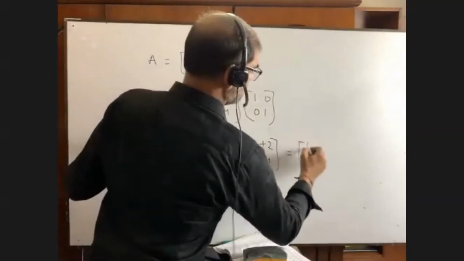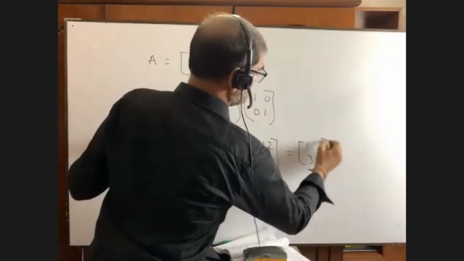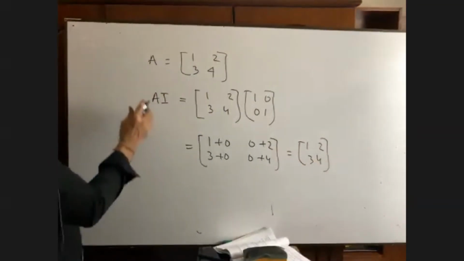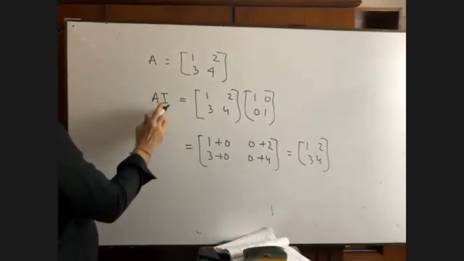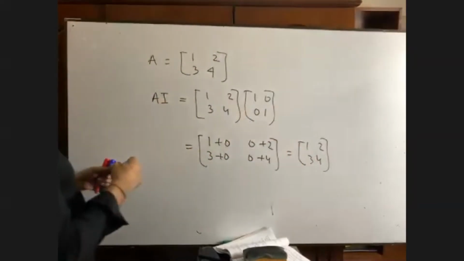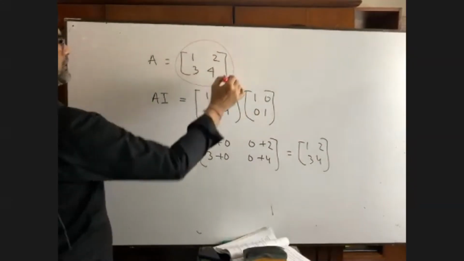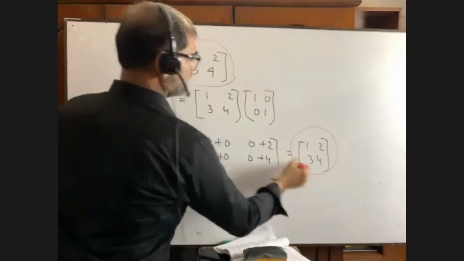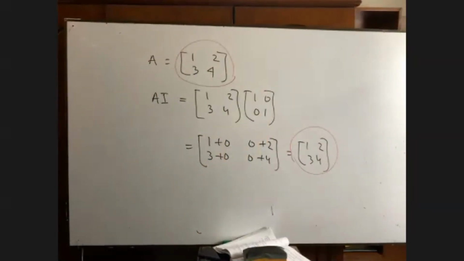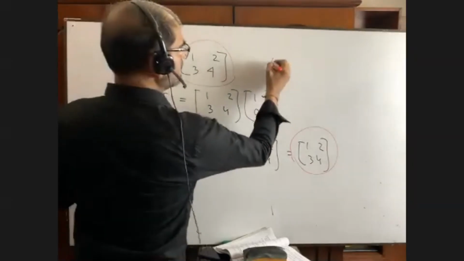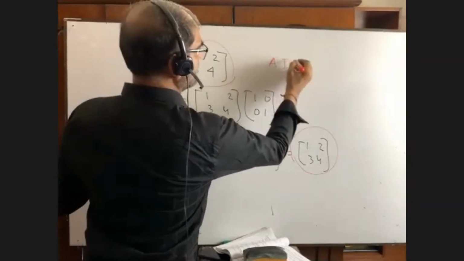We are getting 1, 2, 3, 4. The interesting fact is that A equals this, AI equals this. And the most interesting fact is that this and this are equal. So can we come to a formula from here onward that AI equals A?